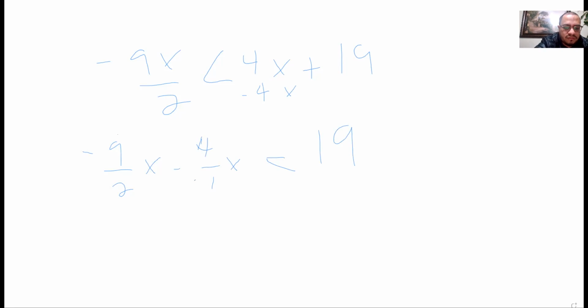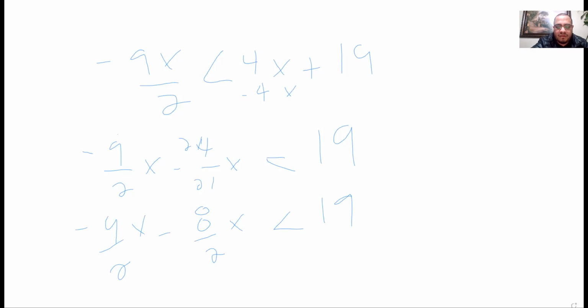So let's multiply by 2 over 2, and that turns it into 8 over 2x minus 9 half x again is less than 19. Now -9 minus 8, pretty much we're adding them in the negative way, so that's going to be -17.